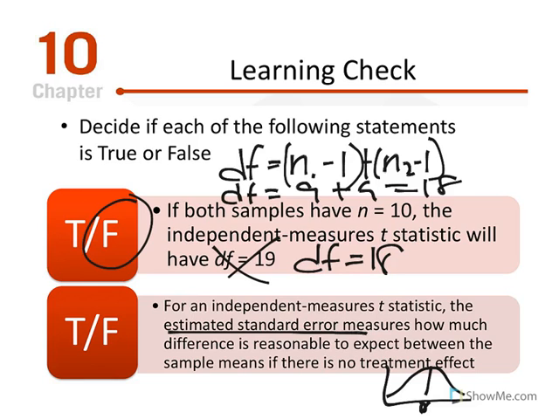And the estimated standard error of the mean difference gives us a range of values that are still equivalent to 0 if the null is true, but just slightly different because samples aren't always perfect. They're not going to be exactly what we would expect the population to look like.